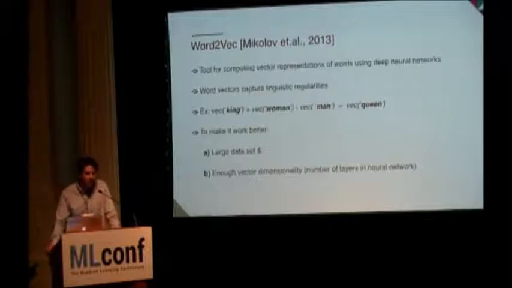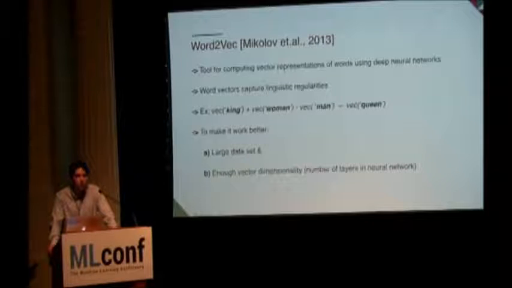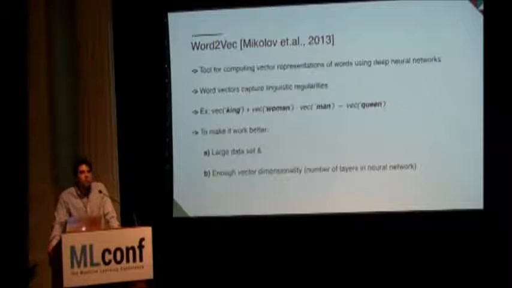So word2vec was proposed by Mikolov et al. in 2013. It's a tool for computing vector representations of words using deep neural nets. These word vectors capture linguistic regularities of the words.